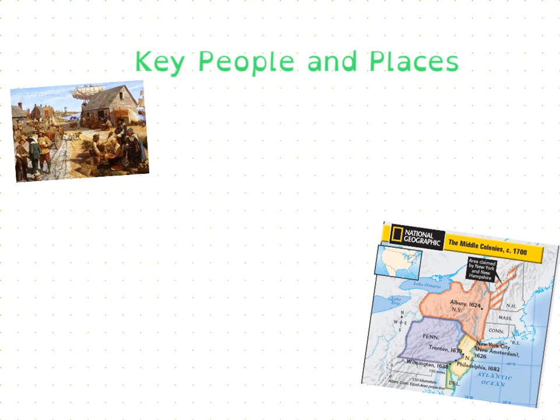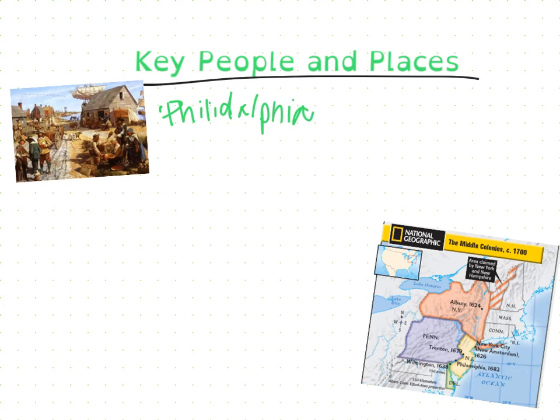Last but not least, we have key people and places. Let's start off with our places, just like we did last time. Important places here would be Philadelphia as well as New York City.